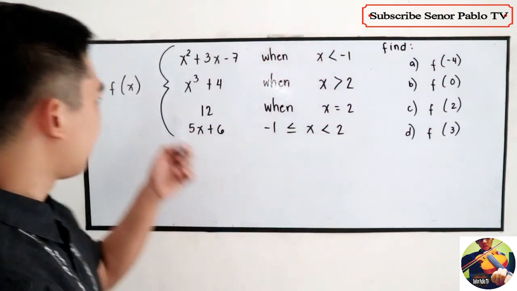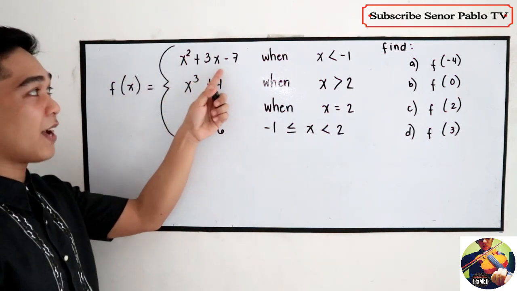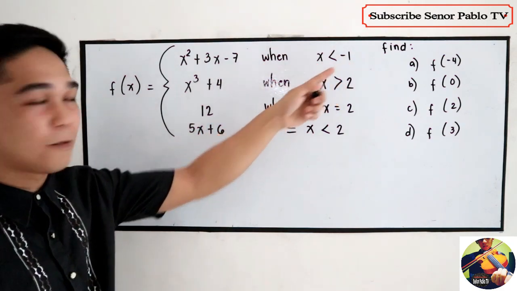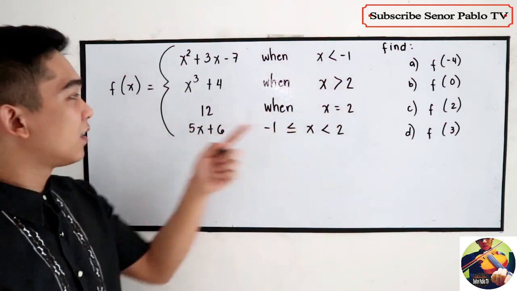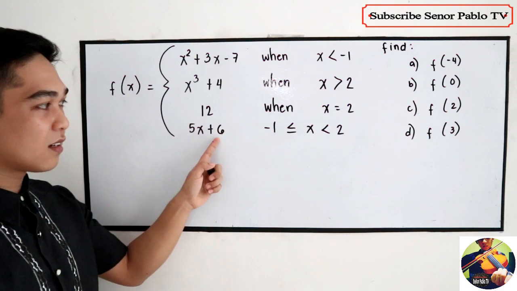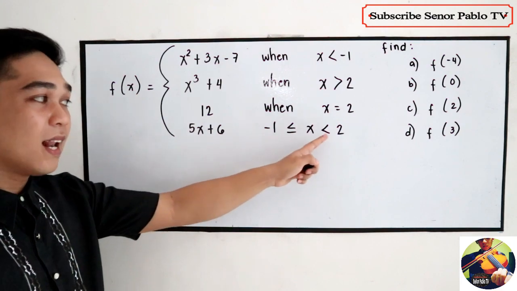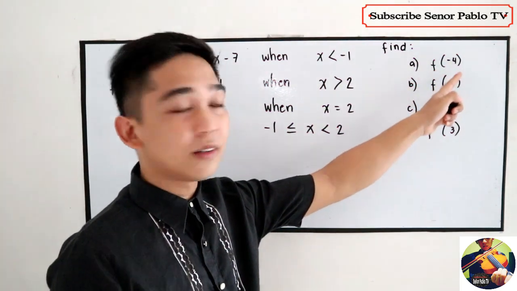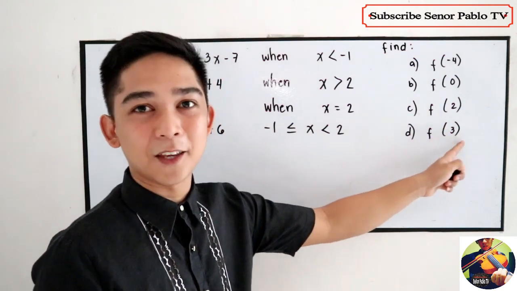Let's say we have f of x is equal to x squared plus 3x minus 7 when x is less than negative 1, x cubed plus 4 when x is greater than 2, 12 when x is equal to 2, 5x plus 6 when x is greater than or equal to negative 1 but less than 2. Find f of negative 4, f of 0, f of 2, and f of 3.